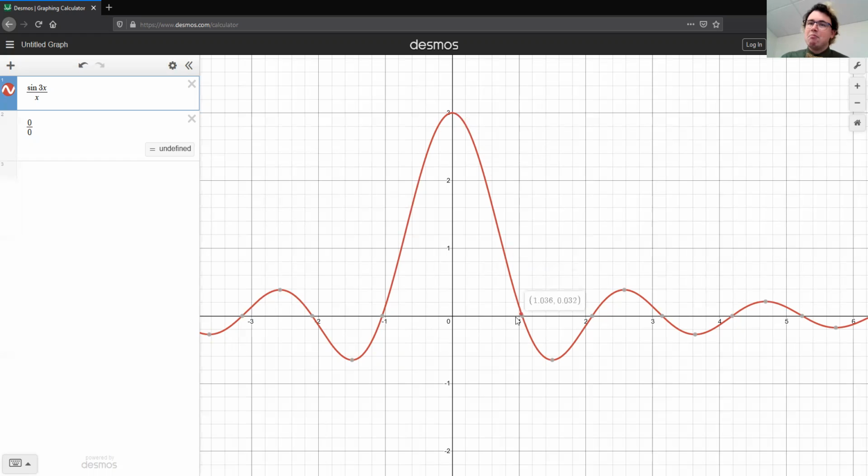If I start off by x equals 1, I'm going to look at smaller and smaller x coordinates, and I can just see that my y coordinates, again, are getting closer and closer and closer to 3. Like that. So in this graph, the limit as x approaches 0 of the function sine of 3x divided by x will equal 3.